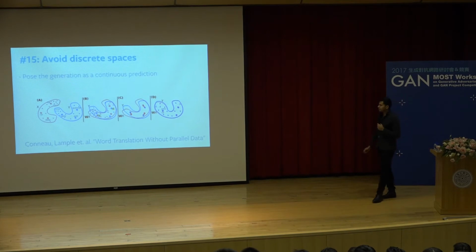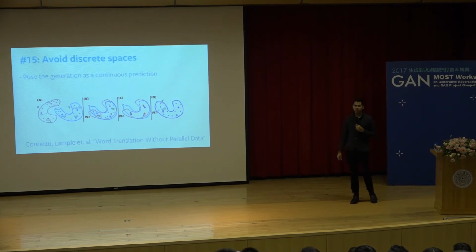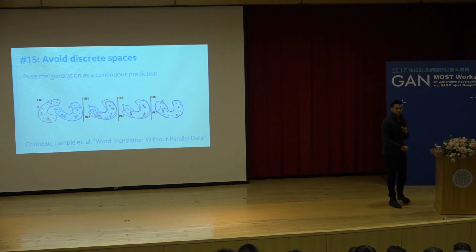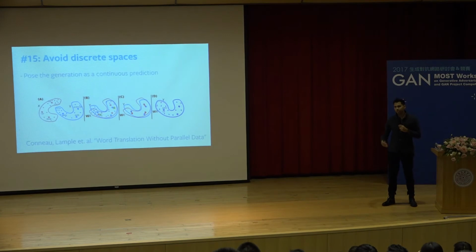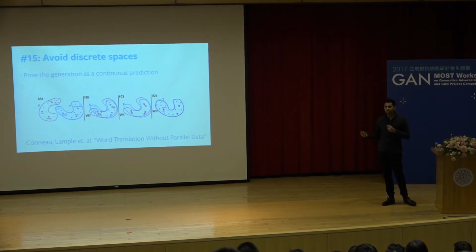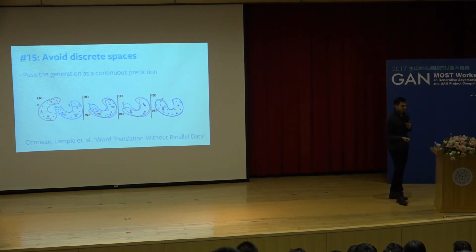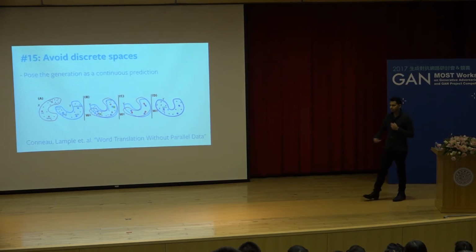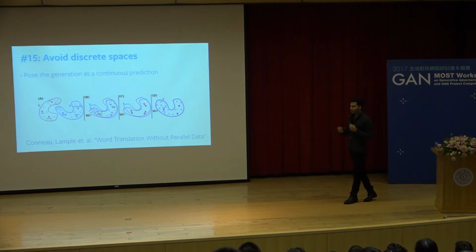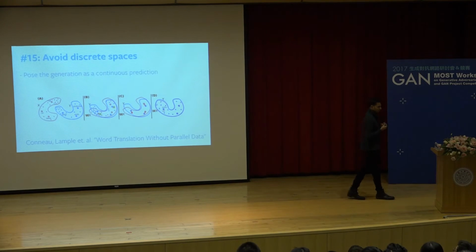15, avoid discrete spaces. If you have to generate text, which is doing something like every time step I want to generate 1 of 10,000 words, these are discrete spaces. GANs don't work very well for discrete spaces. If you have a generation that has to do some discrete prediction, somehow turn it into a continuous prediction problem with some transformation.